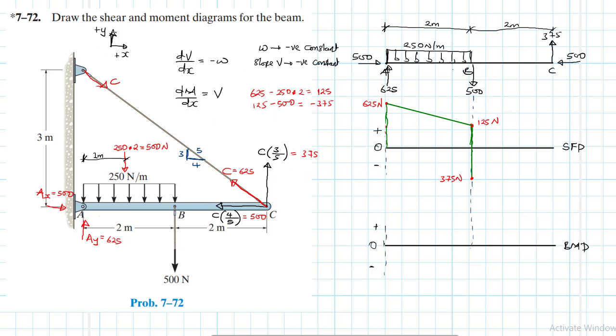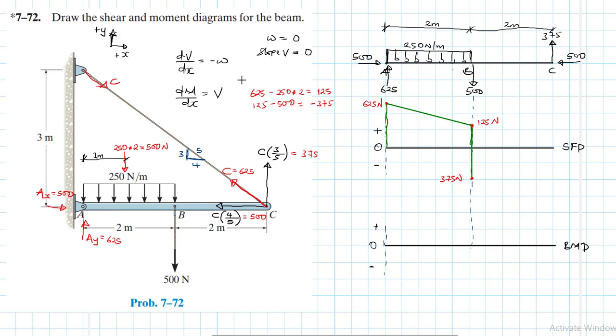Once this happens, let's look at the interval BC. In that space we do not have any loading. So what does this mean? Again, using these relationships, the derivative of shear, when the loading is equal to 0, we expect the slope of the shear to be equal to 0.